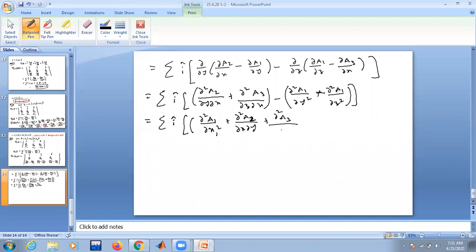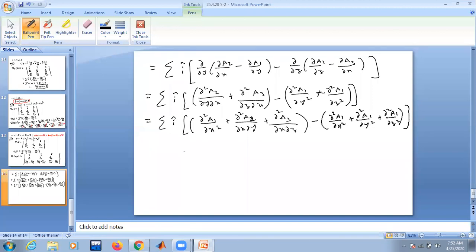I added dou square a1 by dou x square here, so I am going to subtract it: minus dou square a1 by dou x square plus dou square a1 by dou y square plus dou square a1 by dou z square. See, dou square a1 by dou x square minus dou square a1 by dou x square gets cancelled. You are getting the same expression.